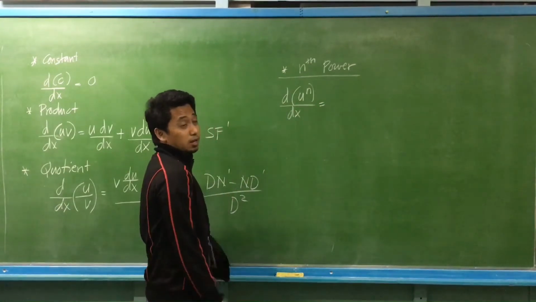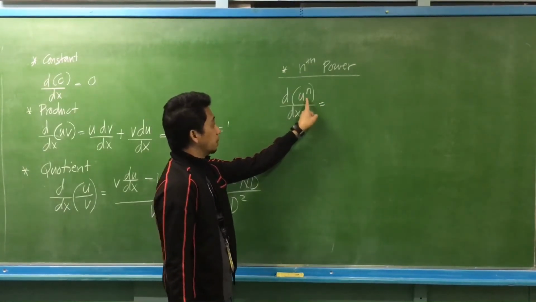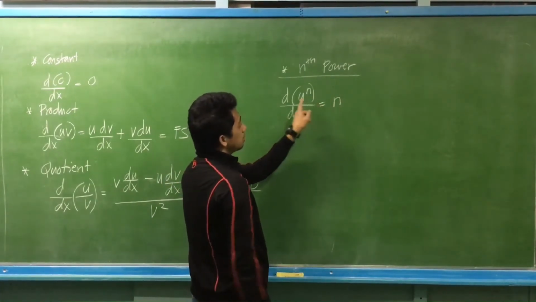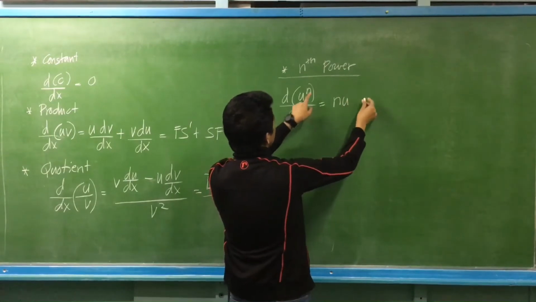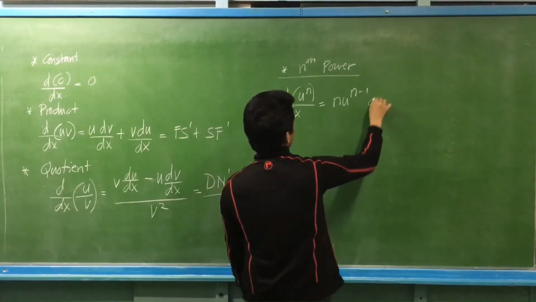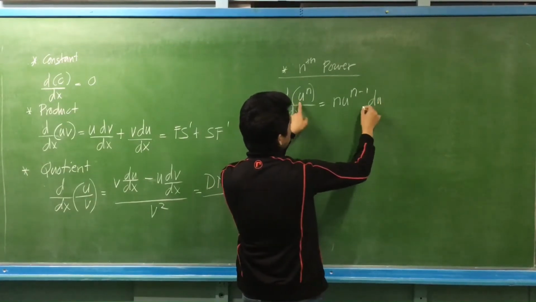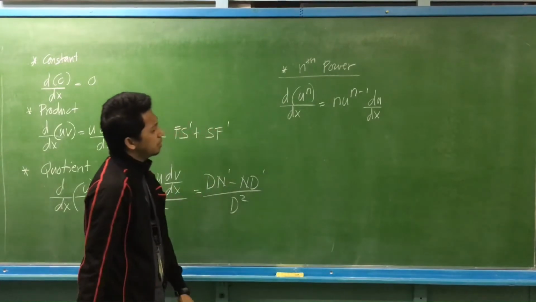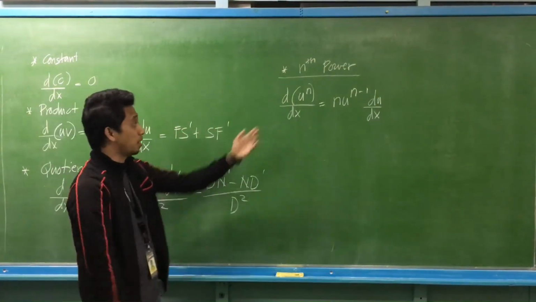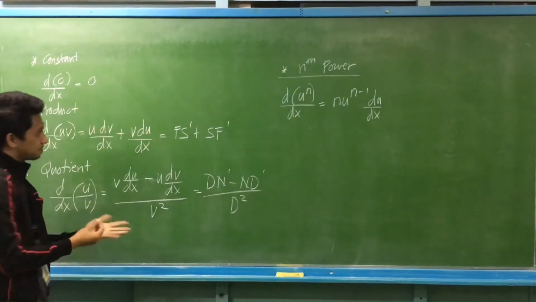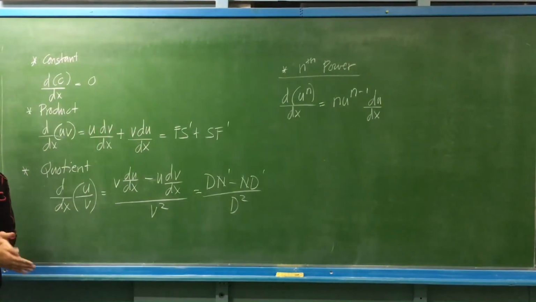All you have to do is, from your term, bring down the exponent n, then your exponent less 1, multiplied by the derivative of your base, du over dx. You may apply this to any terms to the n power. So we may apply this common formula for differentiation to avoid that long procedure.